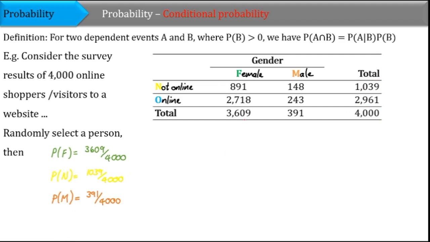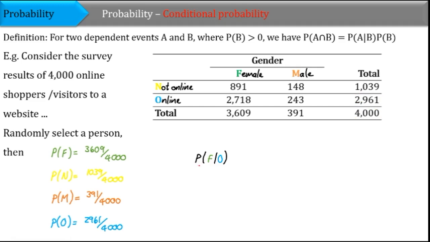Probability of selecting a male randomly, well, that's just going to be 391, again, divided by 4,000. And the same for selecting somebody that shops online. That's going to be 2961 divided by 4,000.